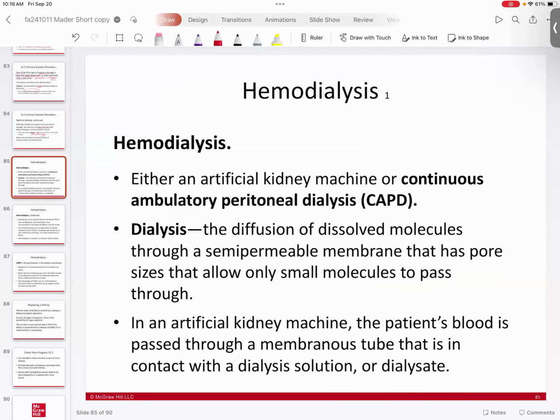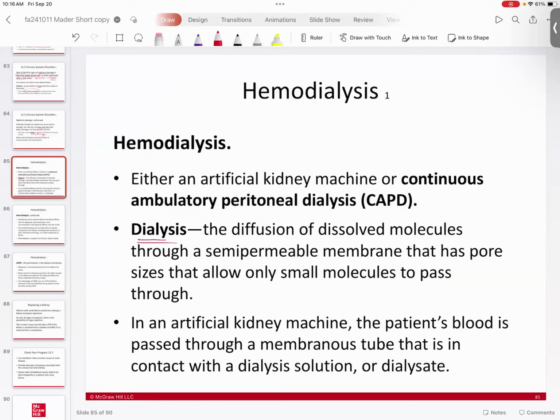You also have hemodialysis, basically, which is like a response to damaged kidneys. So this is basically you have an artificial kidney machine, a continuous ambulatory peritoneal dialysis, where you basically filter fluids through the peritoneal liner, and that's one way of kind of screening the blood. You also have dialysis.